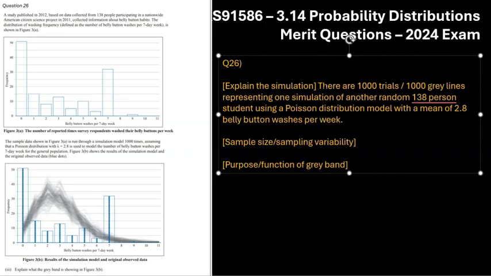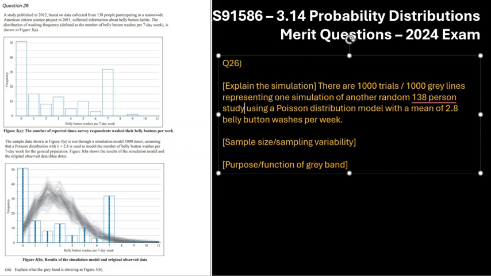So that's what the simulation is doing, right? It's the simulation with a 138 person study, and we've done this 1,000 times using the certain parameters of a binomial distribution model.